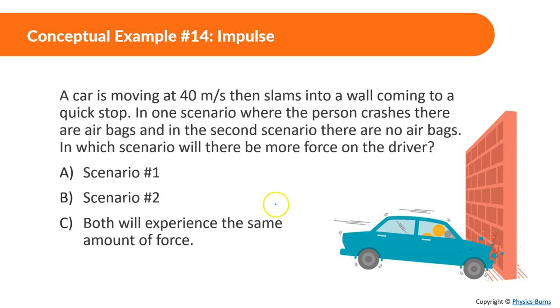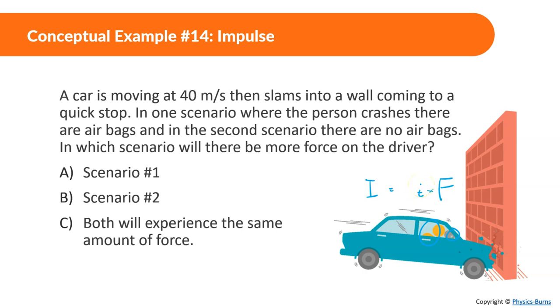Okay, so when you crash and there's no airbag, this person is going to immediately hit the steering wheel, hit the car, and very quickly, in a very short amount of time, stop. Remember, impulse is the same in both scenarios, but if it's a short amount of time, that means there's going to be a large amount of force.